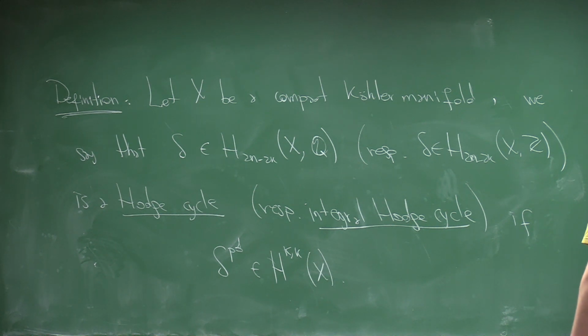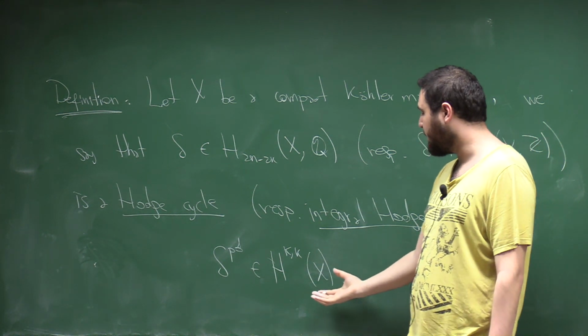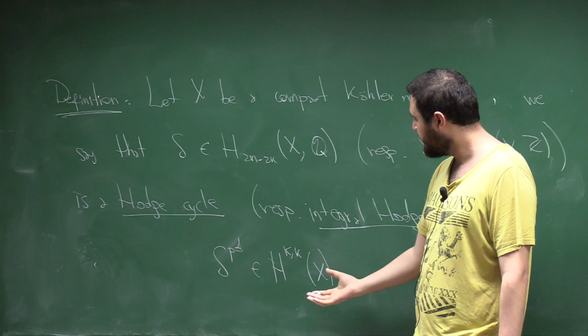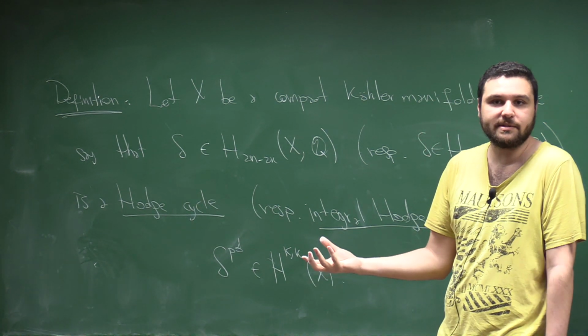So in particular, we know that, for example, in projective space, a hyperplane section will always be a Hodge cycle, right? Because its Poincaré dual is the Fubini-Study metric.